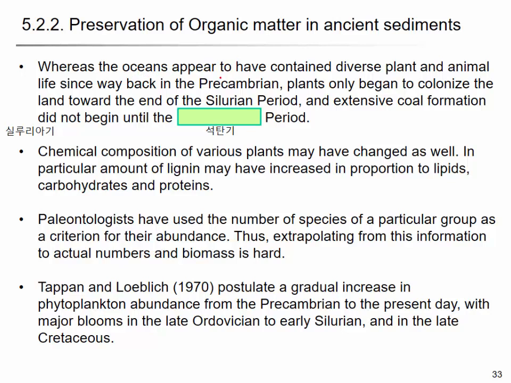Whereas the oceans appear to contain diverse plant and animal life since way back in the Precambrian, plants only began to colonize the land towards the end of the Silurian period, and the extensive coal formation did not begin until the Carboniferous period. So the chemical composition of the various plants may have changed as well.